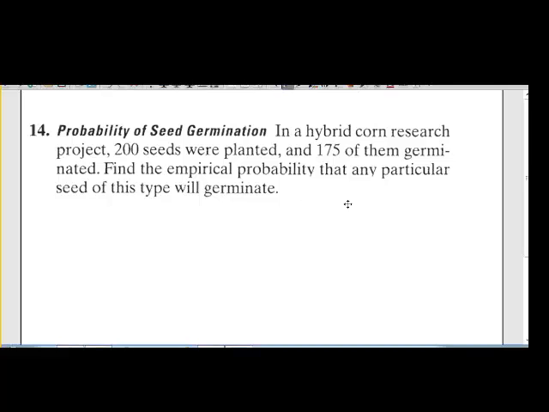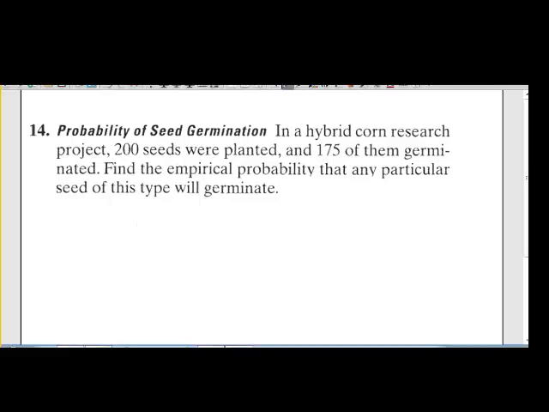So what they're doing is they're using, in this case, inductive reasoning to come up with a probability, and then once they have that probability, they can use that to say, if we pick any seed now, the next seed that I check, what's the probability of that seed being germinated? So it's using the reasoning one direction and then going the other direction.